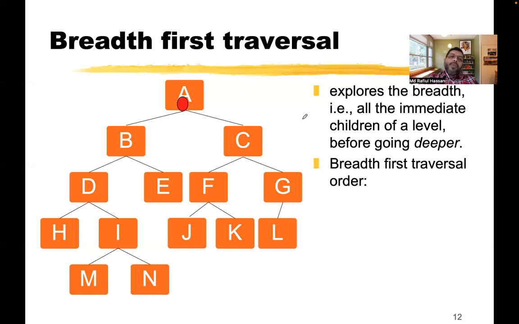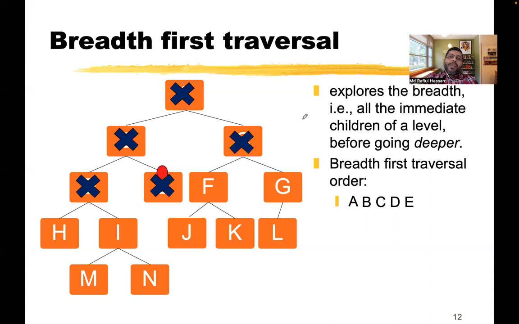So here first we will start from A, then we will visit B. B has got the sibling C, we'll explore C, then we'll go to D. D has got the sibling E, then on the same level there are two children, F and G, so we'll explore F and then G. You can see that we are covering the breadth first, then we'll go deeper, unlike the depth first.